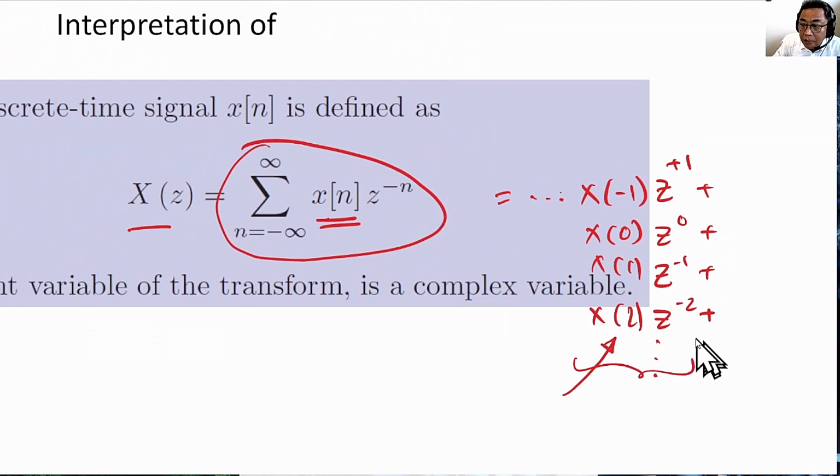Notice that the index of the original sequence becomes the power in the z, in this case the negative power of z. Hence, there is a one-to-one correspondence between the polynomial power and the original value, as well as the coefficient of the original sequence. Hence, this is a lossless transform. It simply converts a sequence into a polynomial.